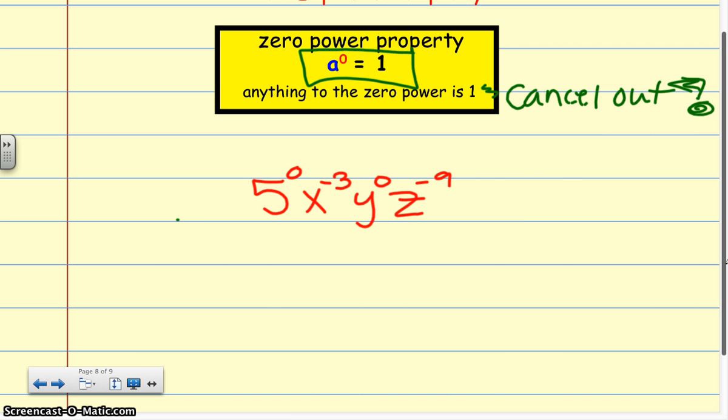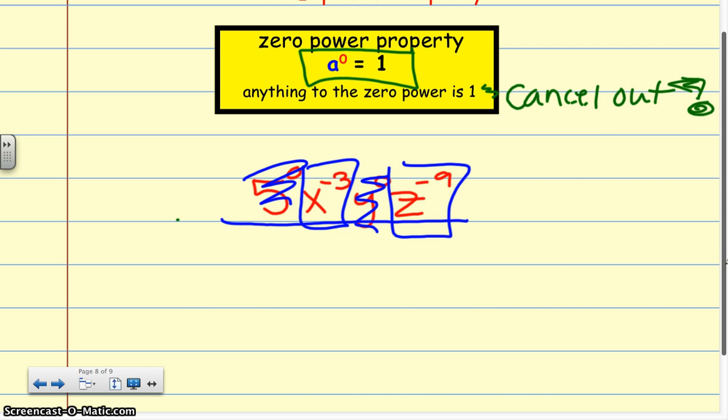Well, anything to the 0 power is 1, which is also known as cancel out. Now I got x cubed and z to the negative 9. I need to move them. There's nowhere to move them, so I make a spot to move them. Right down. I make a bottom for them to go to. So this turns into 1 over x cubed z to the 9.